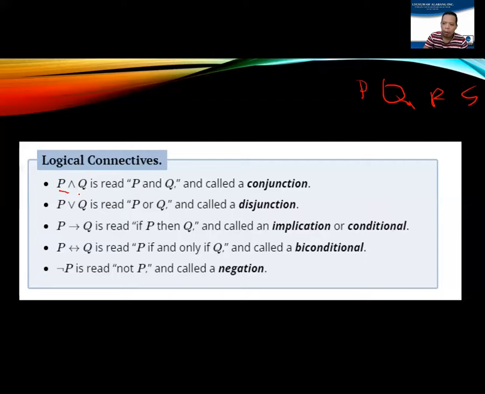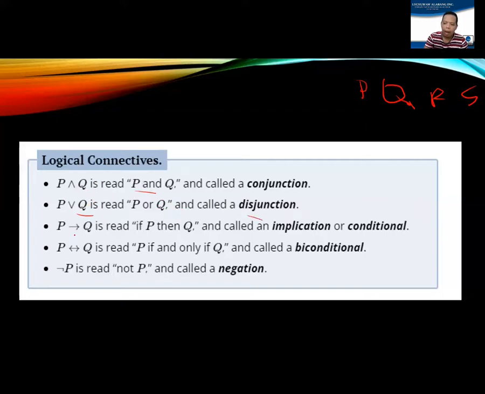P and Q. This is being read as P and Q, which implies conjunction. This one, P or Q, is being read as P or Q. This is the well-formed formula that specifies disjunction.